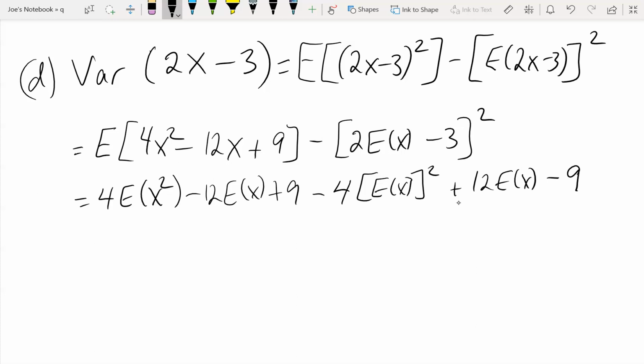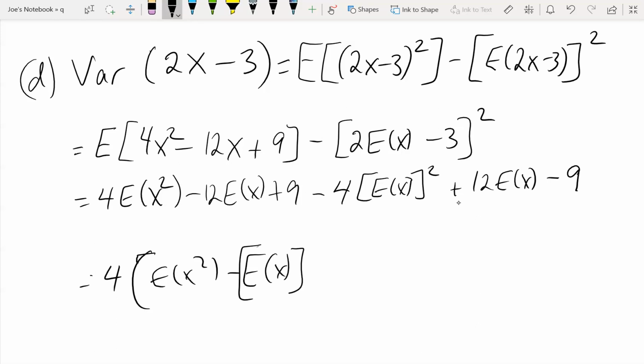Also, here I have to square the 3 to give me 9, and here I have to square the 3 to give me 9. The expected value of 9 is just 9, so my 9s cancel. The only thing we're left with is the 4 times the expected value of x squared minus the expected value of x, quantity squared. But what is that? What is another name for that? That's the variance of x, isn't it?